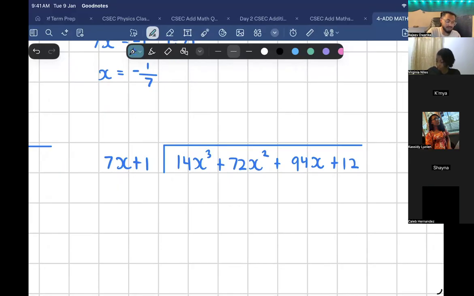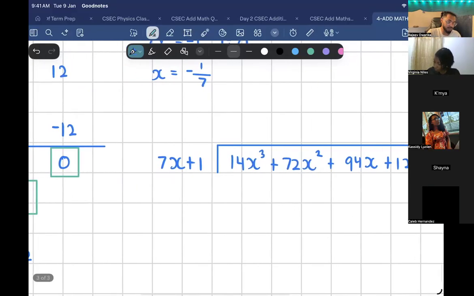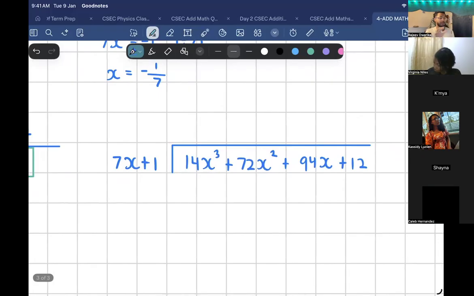Not 7. I said you have to see what you have to multiply by 7 to get 14x. And what would that be?